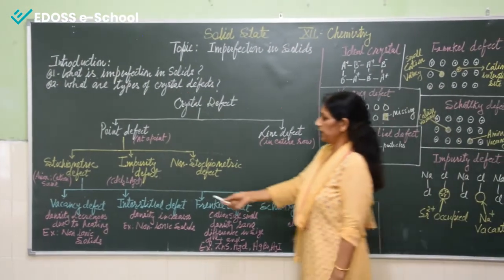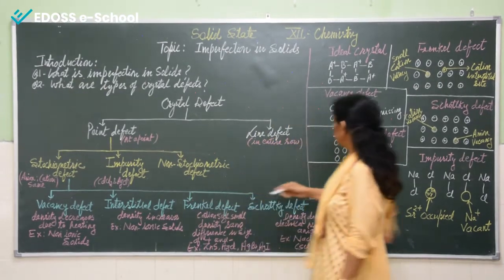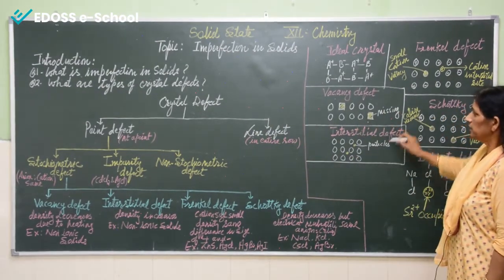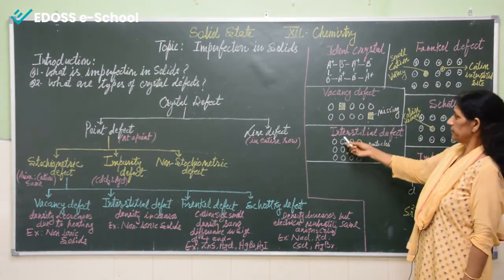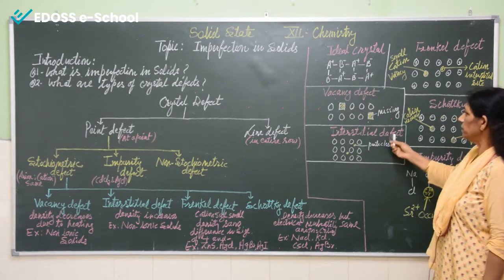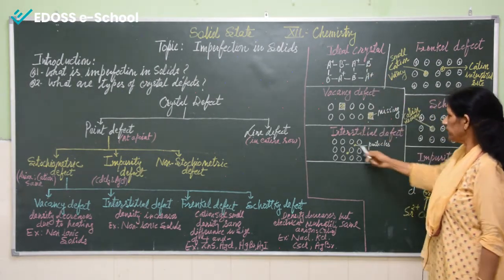Now coming to the second defect, that is interstitial defect. Again see this diagram. This is interstitial defect. Suppose this is an ideal crystal. What is happening?